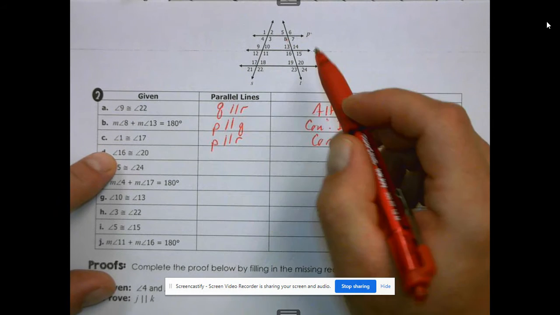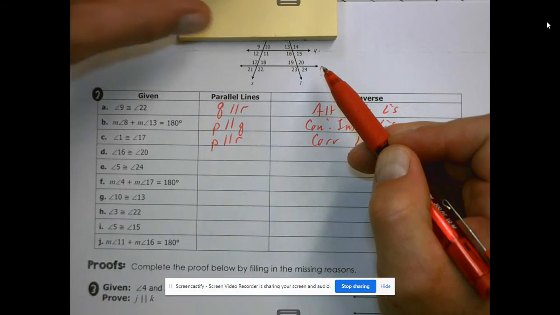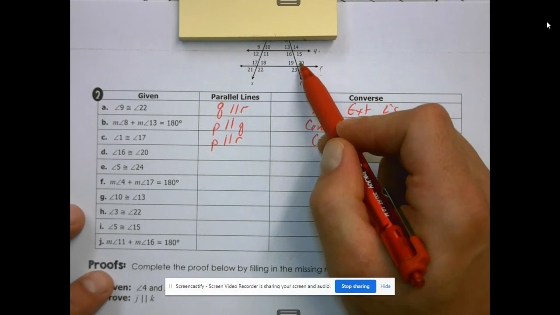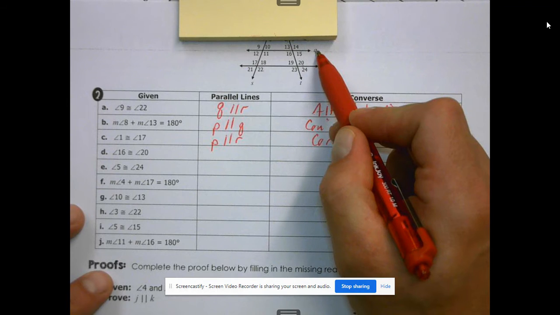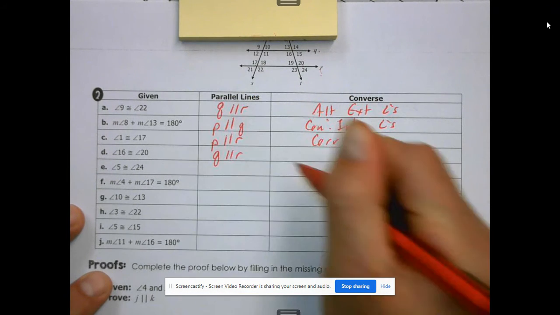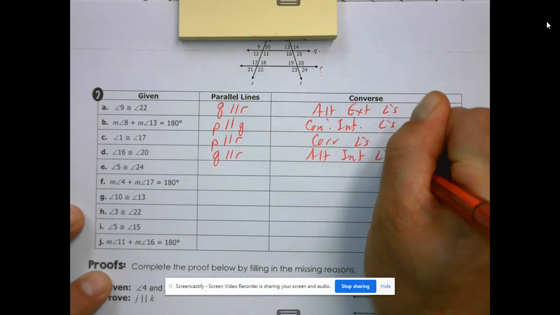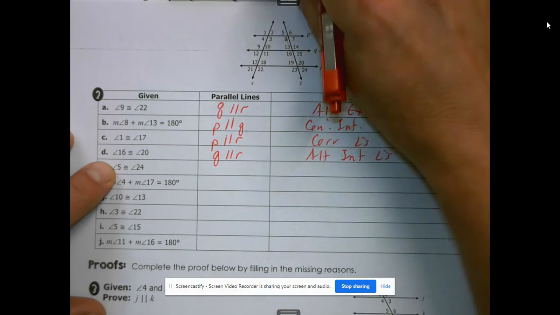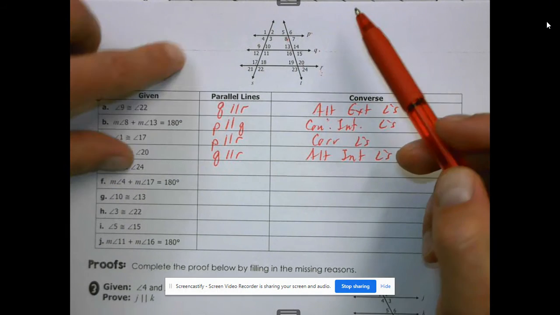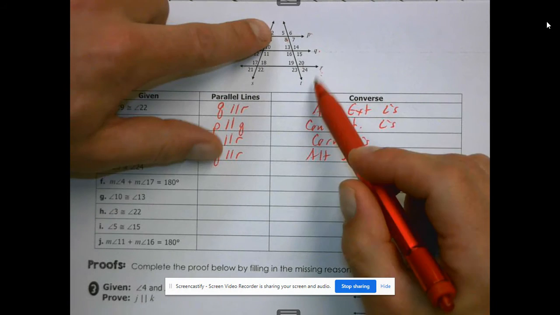16 and 20. There's 16, there's 20. I don't need the top part. 16 and 20 are on the inside, opposite sides. Those are alternate interiors. And then Q is parallel to R. 5 and 24. There's 5, there's 24. I don't need the middle line, so cover up that middle line with something.